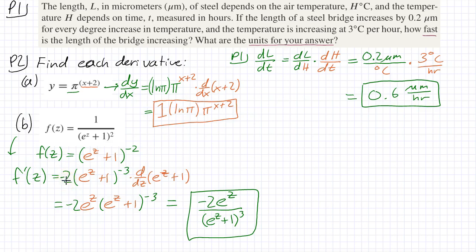That's the derivative of the outer function, and the exponent becomes -3 in the outer function. We leave the original inner function plugged in there into that derivative, and multiply that by the derivative of the inner function. And that derivative of e to the z just becomes this e to the z over here, plus 0. So I just wrote it in a slightly different way here, and it simplifies to that.